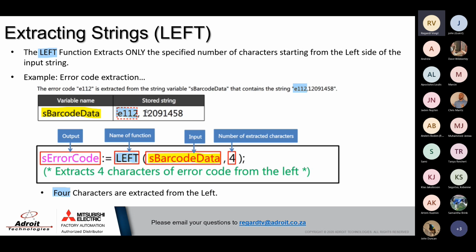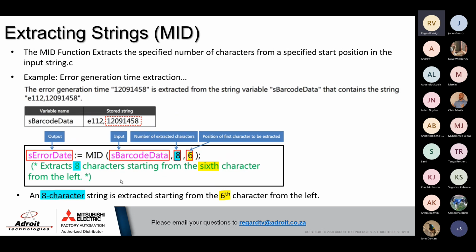Sometimes you only want to read the date part separately and store it in a separate variable. For that, you will use a MID instruction. The MID basically defines a starting position of your string and the amount of characters to be extracted and stored in your string variable.